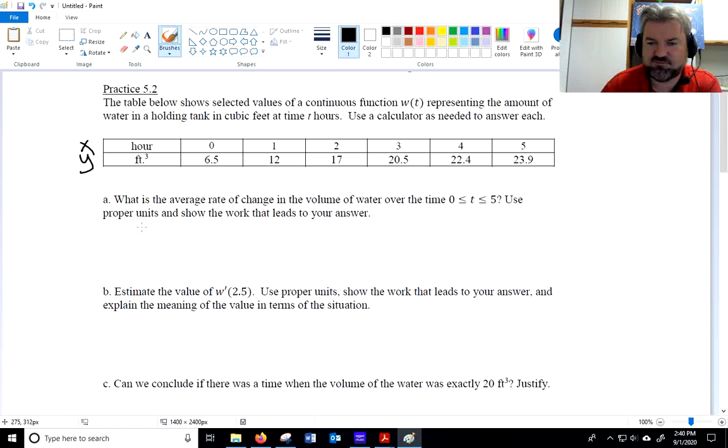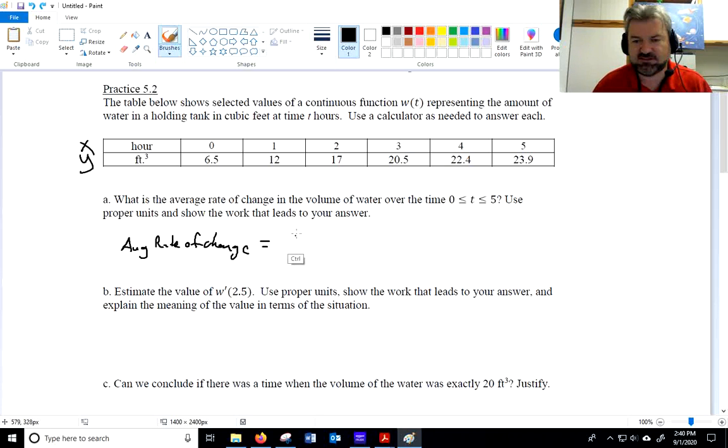Okay, so let's go ahead and find this change in volume from 0 to 5. So an average rate of change is equal to the change in the y-coordinates. So that's 23 point. Actually, you know what? I'm going to show just a little bit extra work.